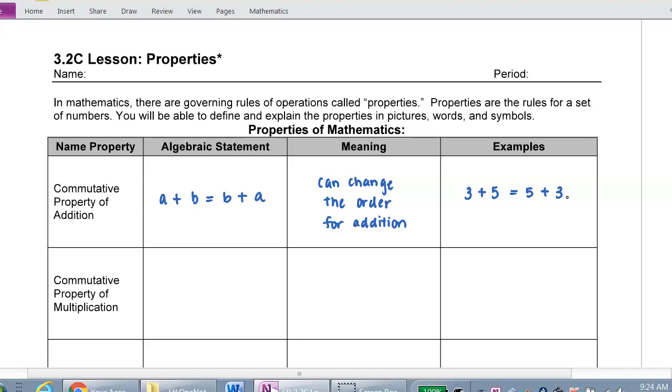The commutative property of multiplication, of course, is similar. Our algebraic statement this time is A times B is equal to B times A. And of course, we can change the order for multiplication.